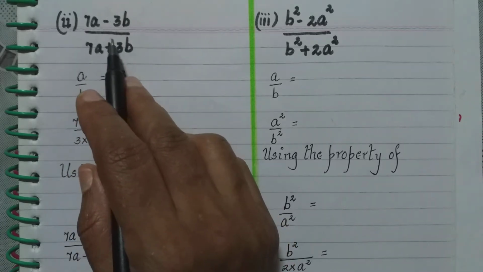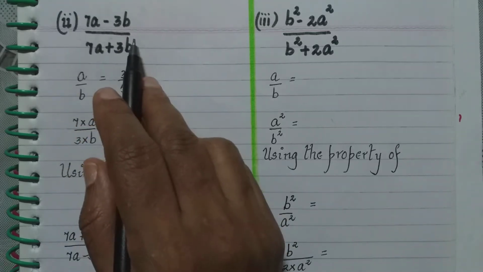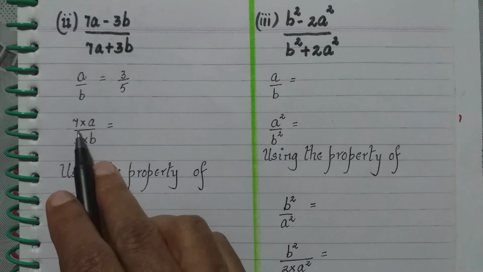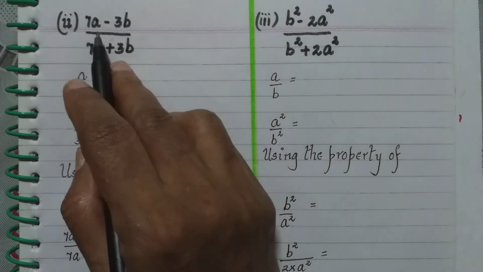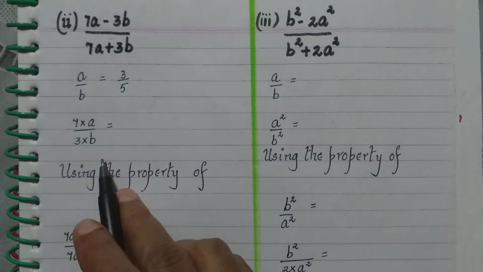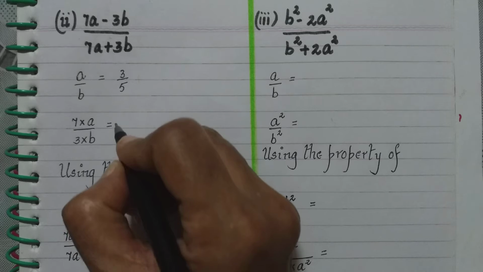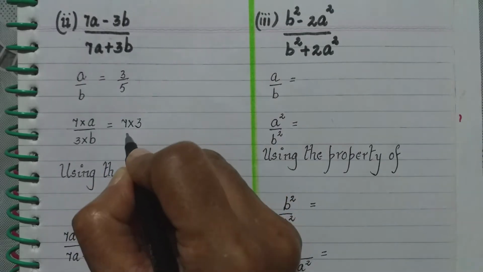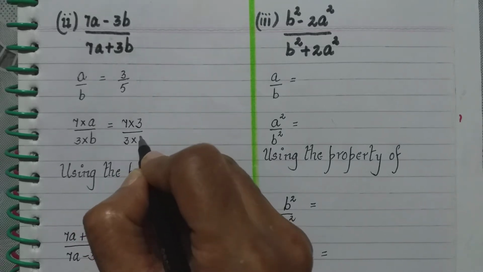So first we will find out what is 7a upon 3b, that is we are changing the coefficients of a and b by multiplying a with 7 and b with 3 according to what the question demands. Therefore, on the right hand side also, we have to multiply with 7 and with 3.